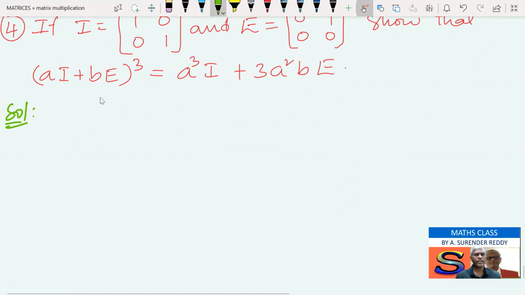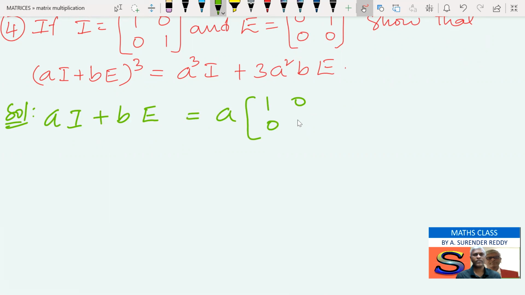First, let us find the left hand side. First, let us find aI plus bE. I is 1 0 0 1 and E is given as 0 1 0 0.